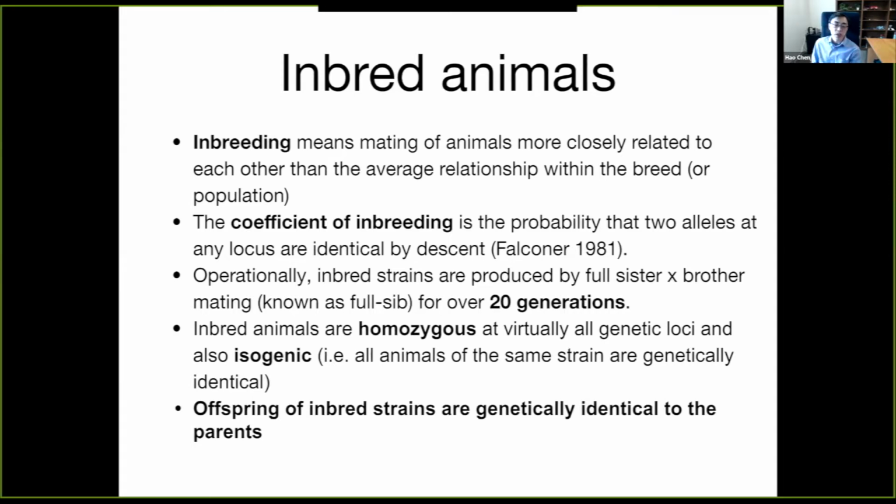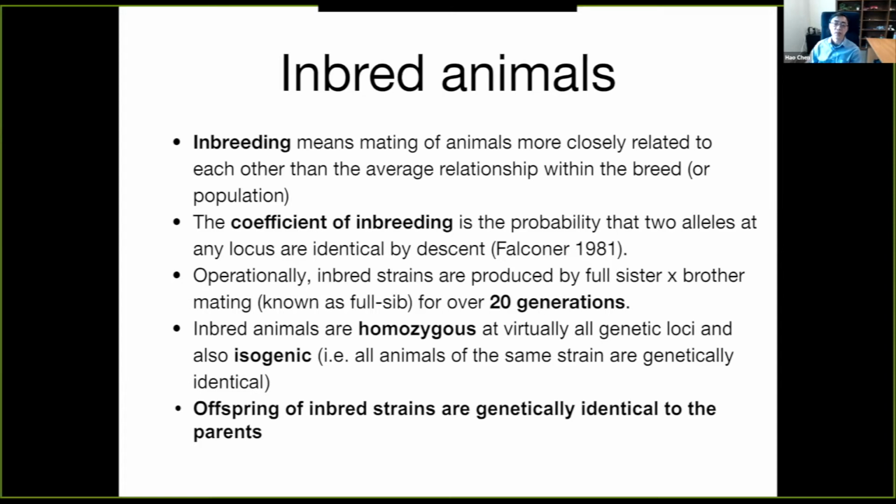Another property of this population is that they are isogenic, which means all the animals in the same strain are genetically identical. This does not only include animals from the same generation, it also includes offspring and grandparents or grandchildren.